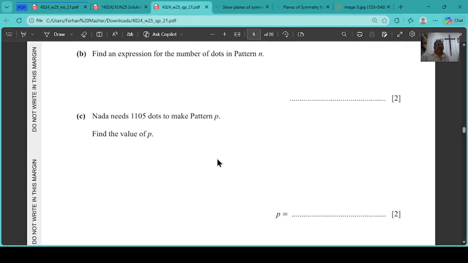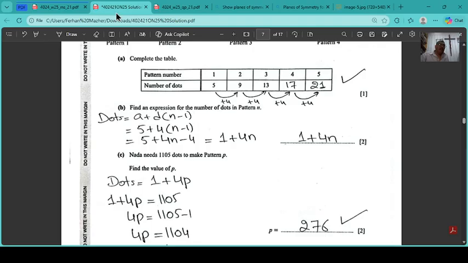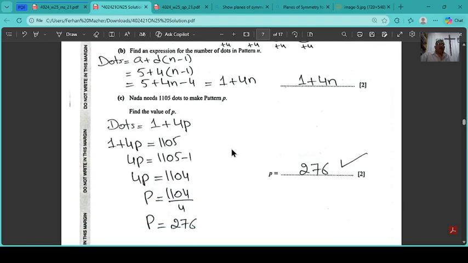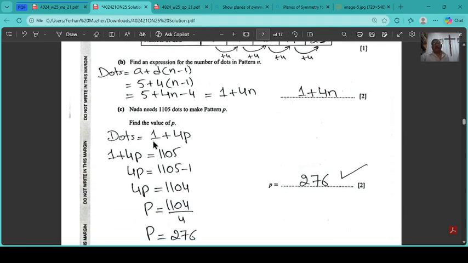Then he says, Nida needs 1105 dots to make the pattern P. Find the value of that P. So if you are making pattern number P, the number of dots will be equal to 1 plus 4P. And we know that the number of dots is 1105. So 1 plus 4P is equal to 1105.